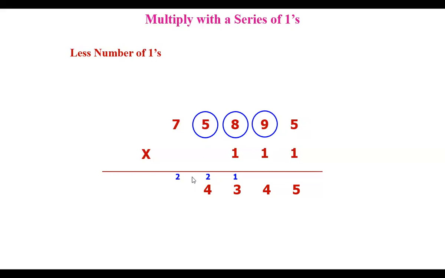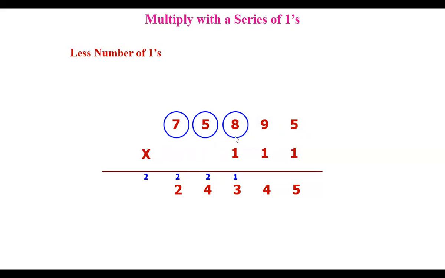Right? Next, again 3 numbers, we have a choice. We have an additional number here on the left side. So remove this 9, add this 7. 8 plus 5, 13, plus 7, 20, plus 2, 22. So 2 here and 2 in the next position.